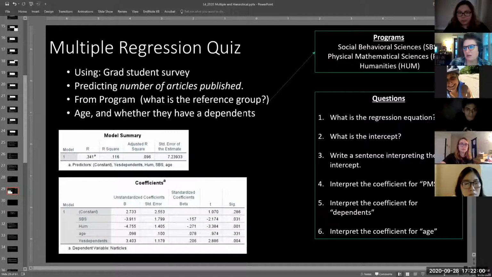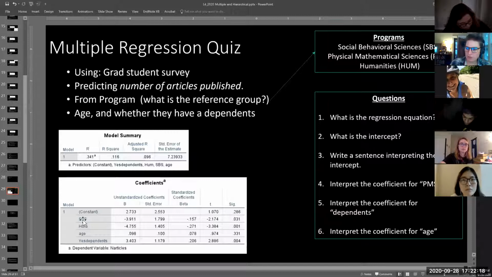And whether or not they have dependents. So they had to answer this question about how many dependents do you have? And so that would be like children. And the outcome here is the number of articles that they have published.